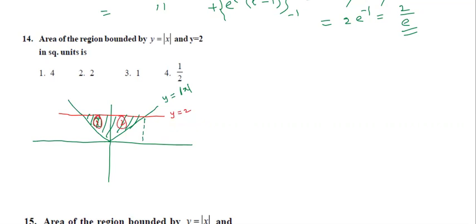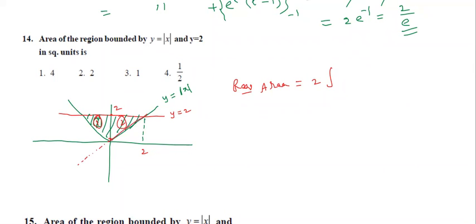Both are the same, so I'm going to find one of the parts. So the required area is equal to 2 times integration, that is y is equal to 2. This is not 2, I think. 1 second. This is 2. Y is equal to 2 means x is also 2.